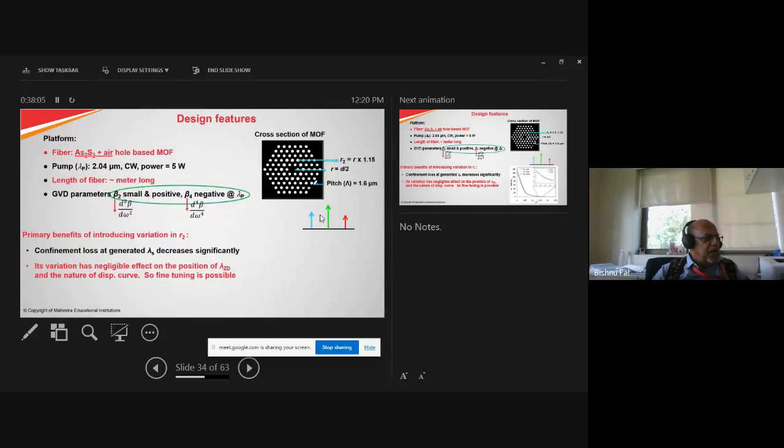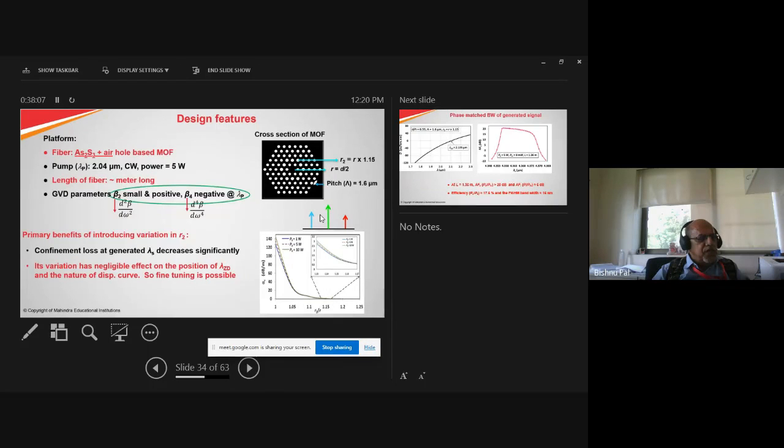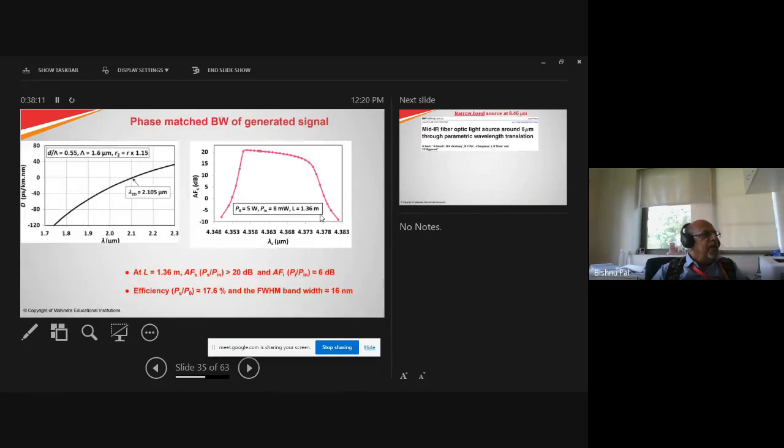I should go to the next slide. This is more detailed, so let us not worry about it. Another design feature was that we designed the fiber in such a way that its zero dispersion wavelength matches closely the pump wavelength. Then the nonlinear effect is stronger. Briefly, it was discussed by Professor Tyagarajan in his talk also.